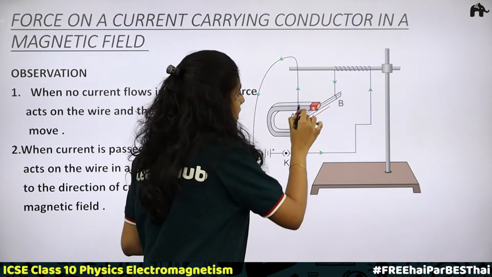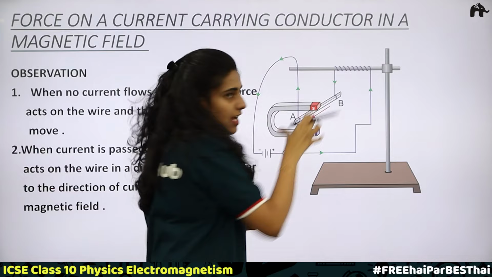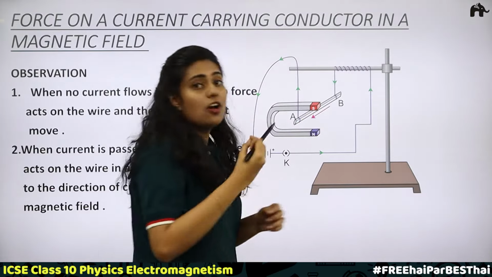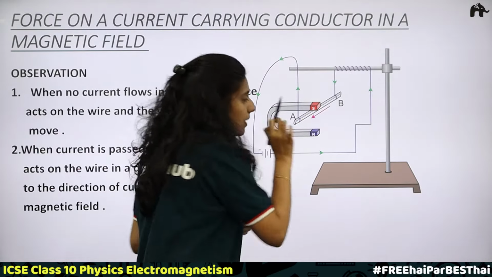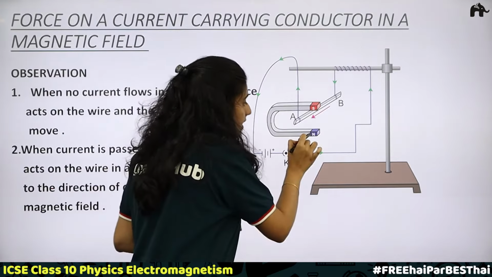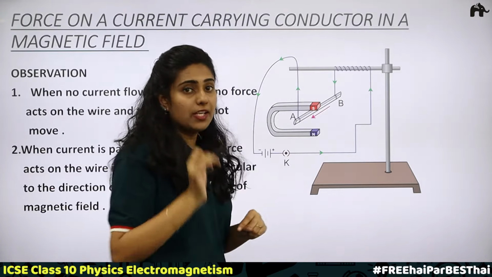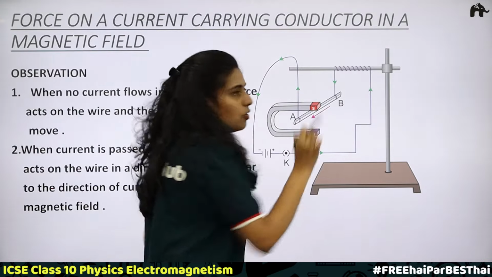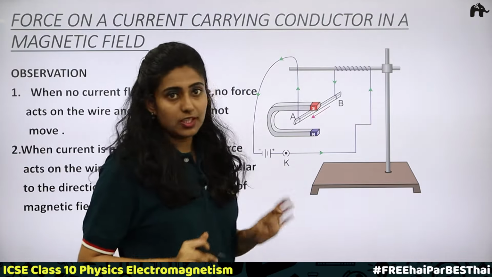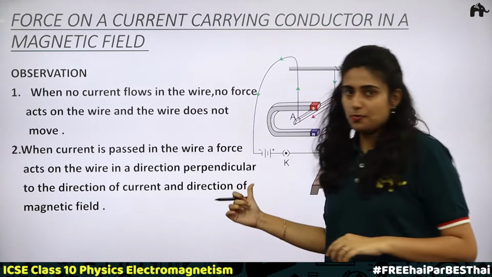The direction of movement of the wire, which means the direction of force, will be perpendicular to both the magnetic field and the direction of flow of current. This is a very important point. So this is the second observation.